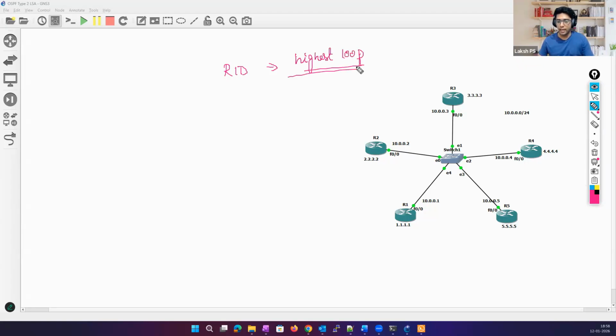If a loopback address is not present, then the highest physical IP address is chosen as the router ID. And whichever router has the highest router ID will be chosen as the DR. And in our diagram over here, you can see 1.1.1.1, 2, 3, 4, and 5.